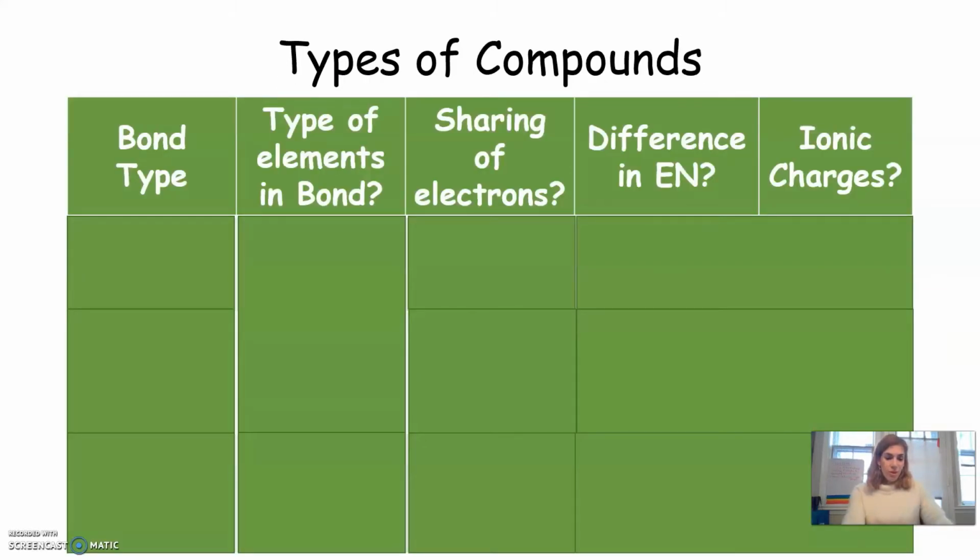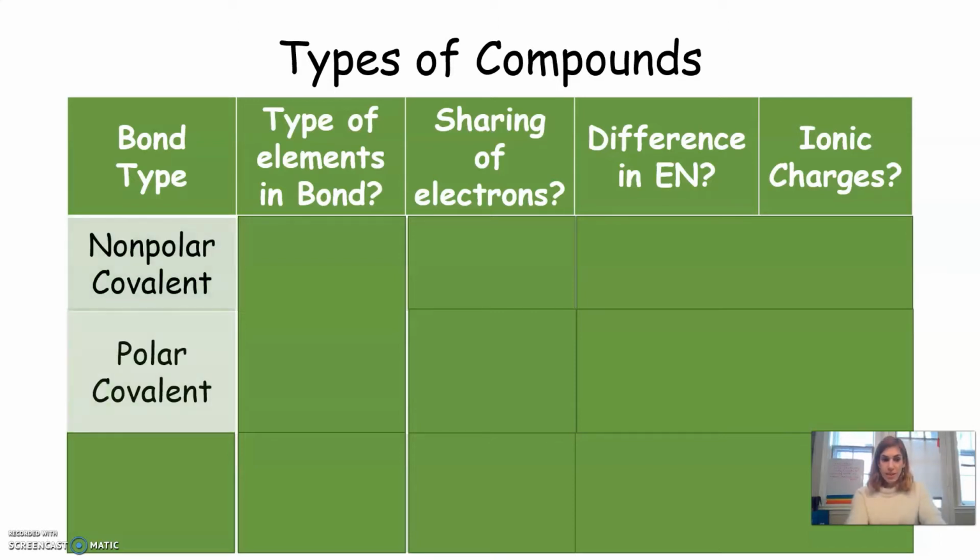So let's pause for a few minutes and review everything we've covered so far. If you're using the notes that were posted on Canvas, this is a table that you're filling in the notes. So remember that there are 3 types of bonds. There's nonpolar, which is covalent. There's polar, which is covalent. And then there's ionic.